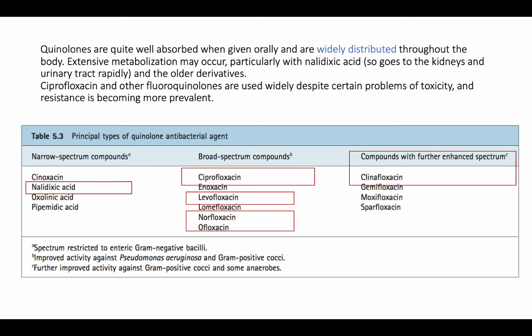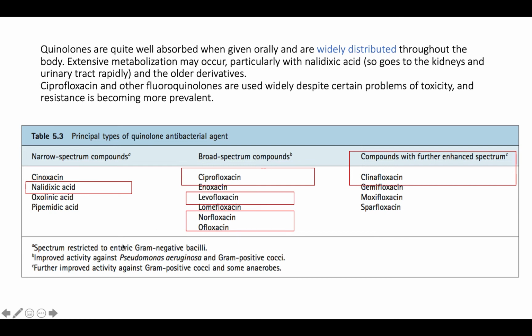What's new here? Narrow spectrum, as we said: nalidixic acid on the gram negatives is the most used one. The broad spectrum ones are Cipro, Levo, norfloxacin, ofloxacin, and the compounds with further enhanced spectrum, which are a bit newer, like clinafloxacin and moxifloxacin, which also have a market now.